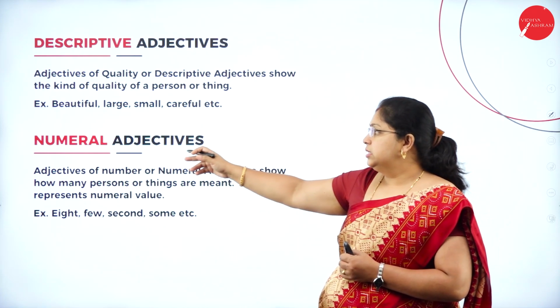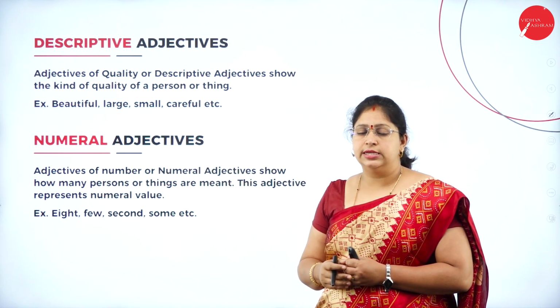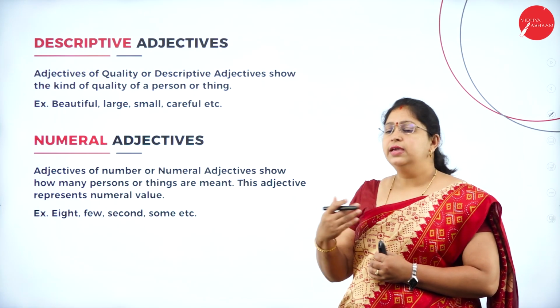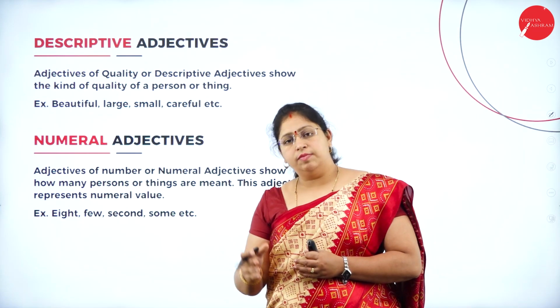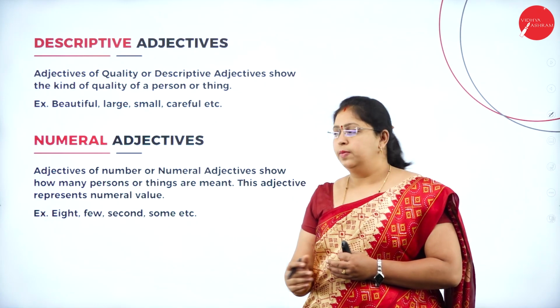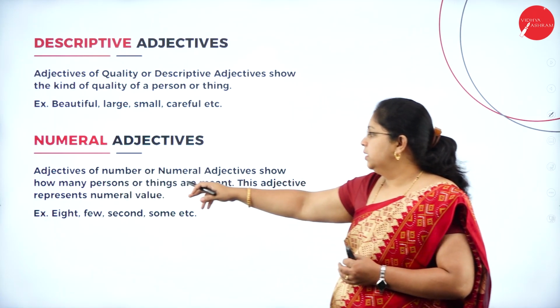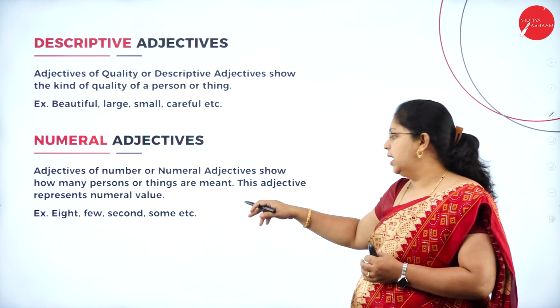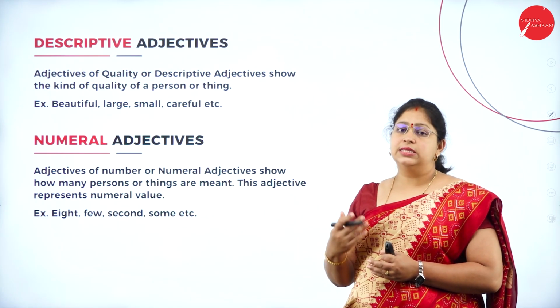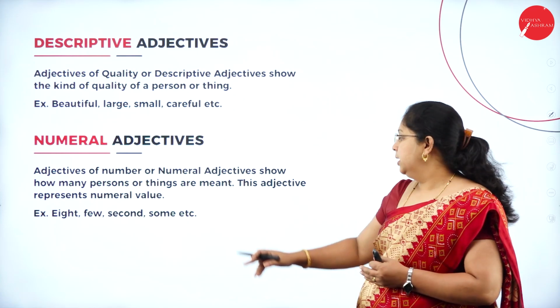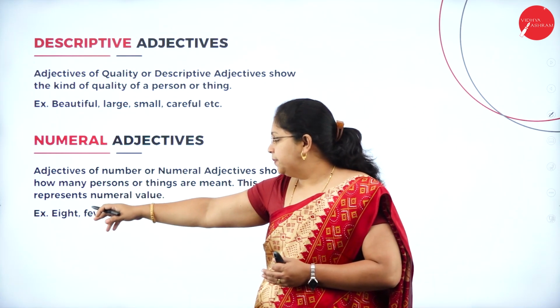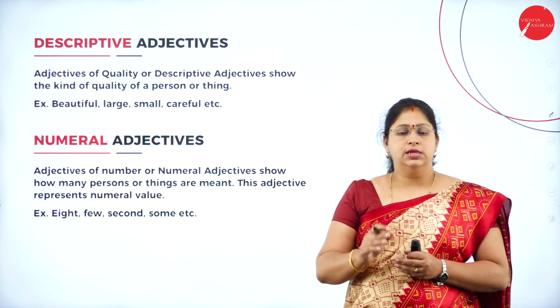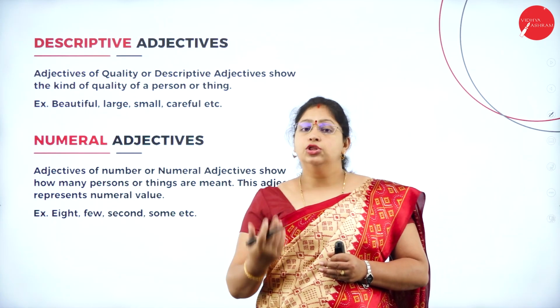Okay. Next we will see numeral adjective. As I said, numeral adjective tells the numbers or maybe the quantity as a whole. Adjectives of number or numeral adjectives show how many persons or things are meant. It tells the number to us. This adjective represents numeral value.